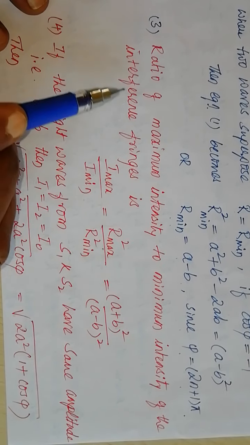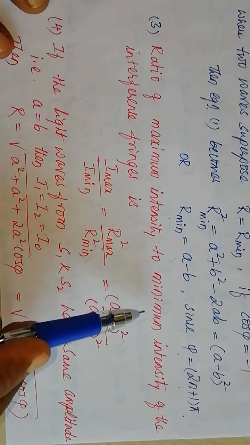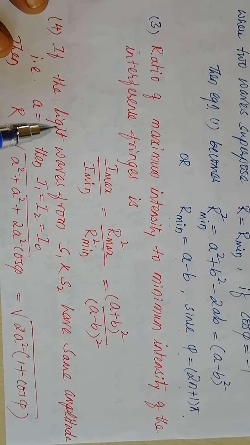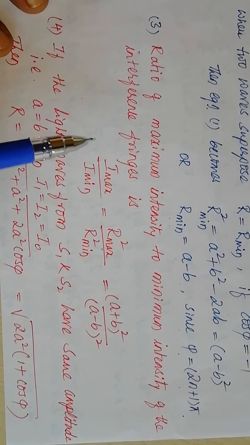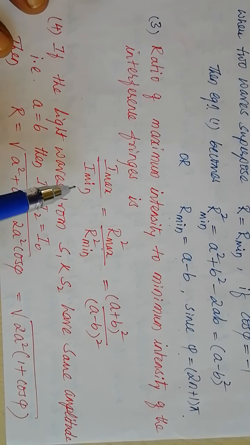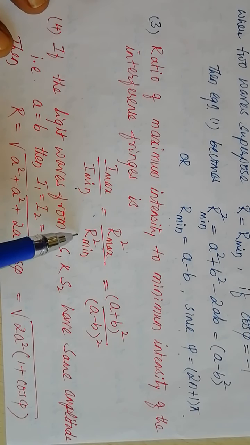Now the ratio of maximum intensity to minimum intensity of the interference fringes. On the screen we will have alternate bright and dark bands. Intensity of a bright band divided by intensity of a dark band equals R maximum square by R minimum square.